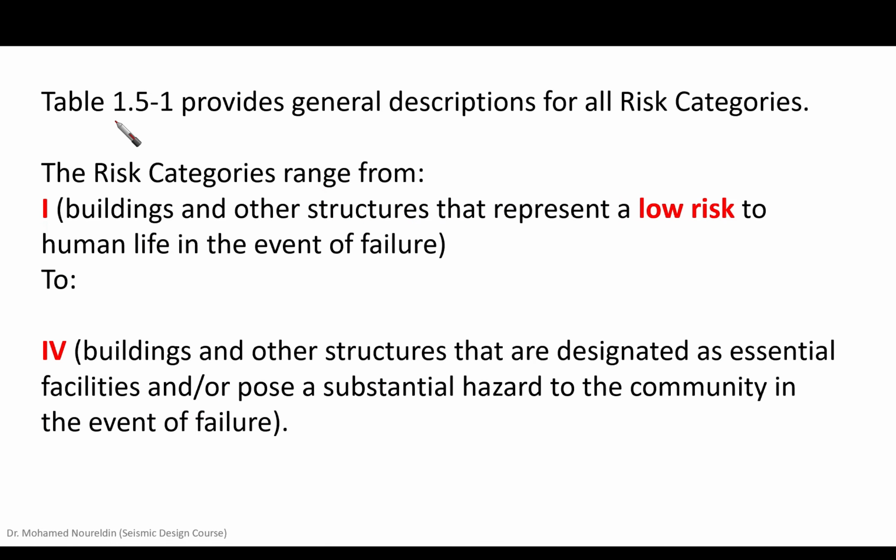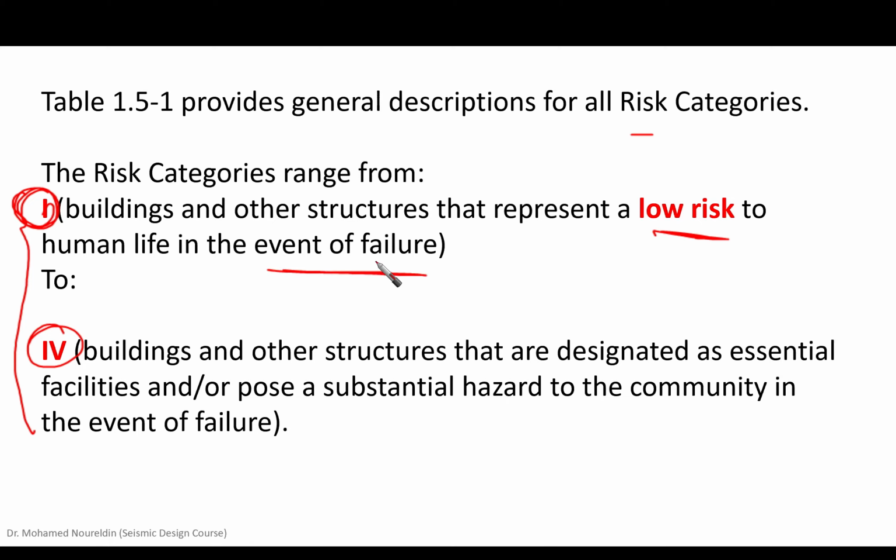Now, table 1.5-1 provides a general description for all risk categories, which we have already read from, and we can briefly put it like this. The risk categories range from 1 to 4, and for 1, which is the first or the low risk, it is considered to be low risk buildings and other structures that represent a low risk to human life in the event of failure.